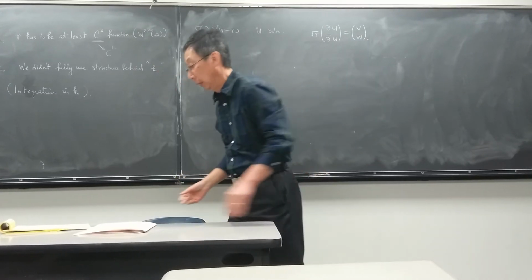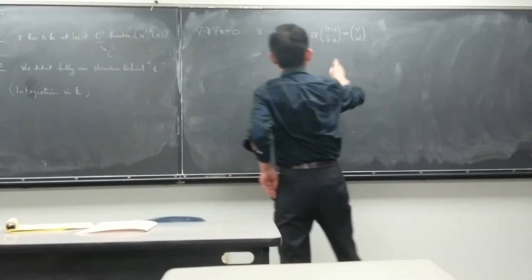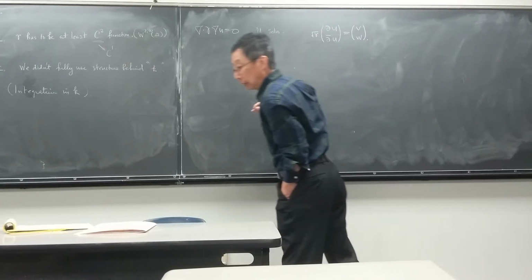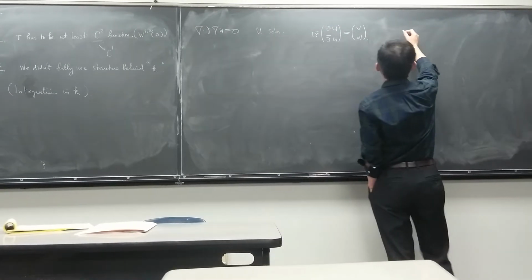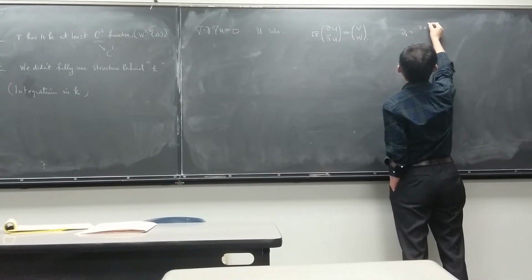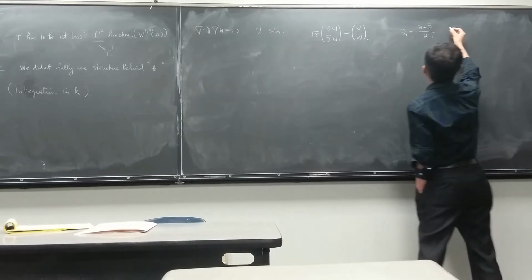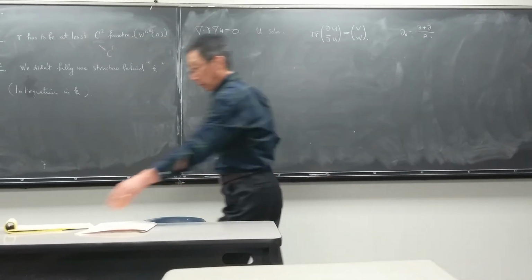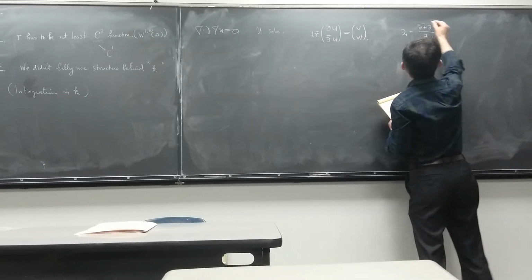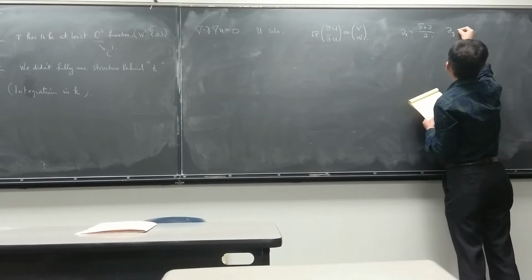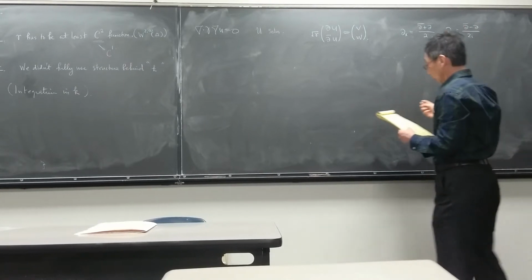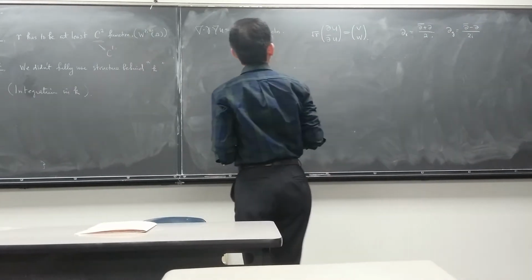The notation is the D operator and D bar operator. Our original derivative dx is equal to D plus D bar divided by 2, and dy is equal to D bar minus D divided by 2i. So here I fix the notation.